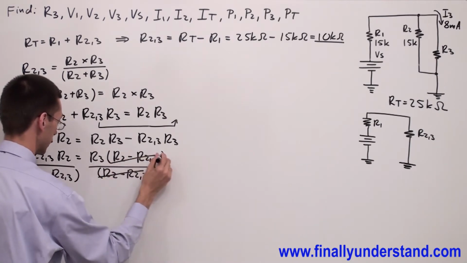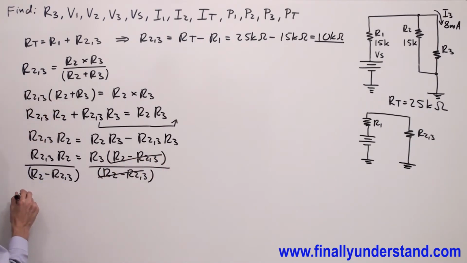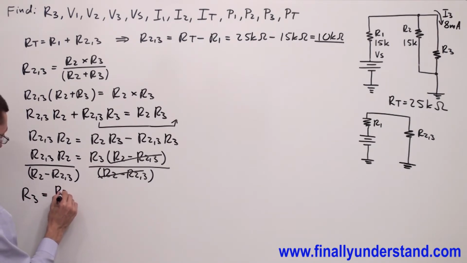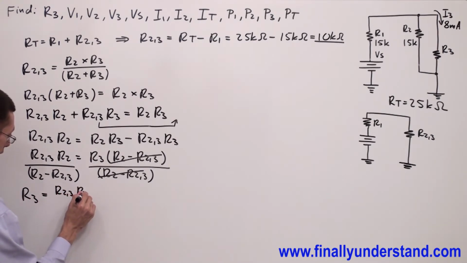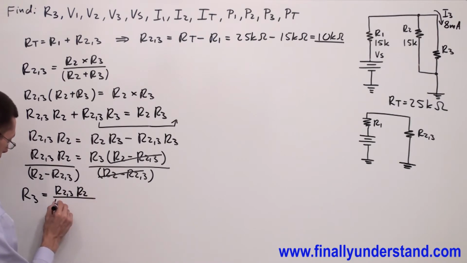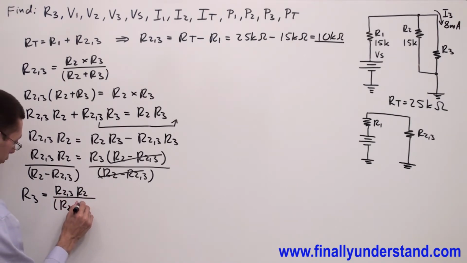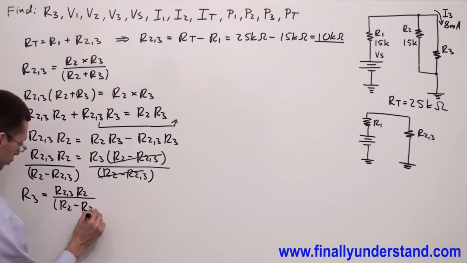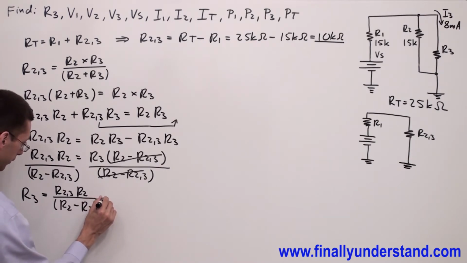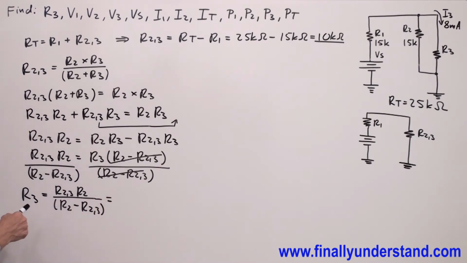This one and this one will cancel out. And I have formula for R3. R3 is equal R2, 3 times R2 over R2 minus R2, 3. Okay? So now I can plug in the values and find value of R3.